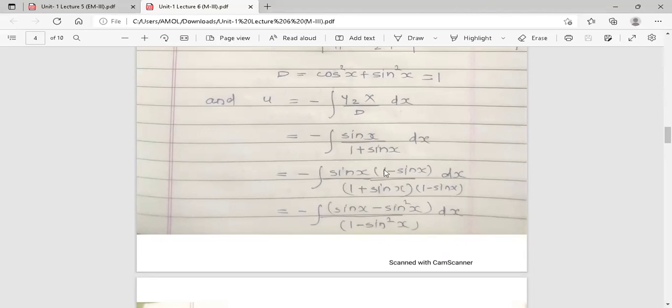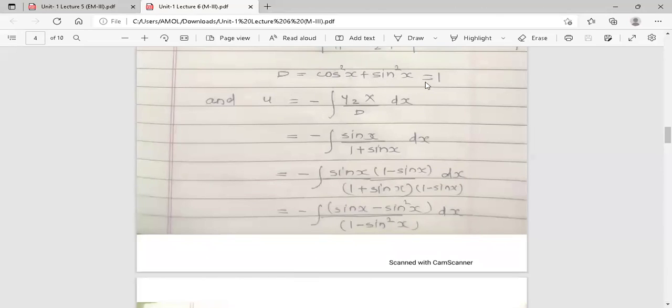So in the numerator, you solve the bracket term for sin x. So it is sin x minus sin square x. In the denominator, the term is (1 plus sin x) into (1 minus sin x), which is in the form of (a plus b)(a minus b). And so the reduction is a square minus b square. So here the reduction is 1 minus sin square x. 1 minus sin square x is cos square x, because cos square x plus sin square x is 1.